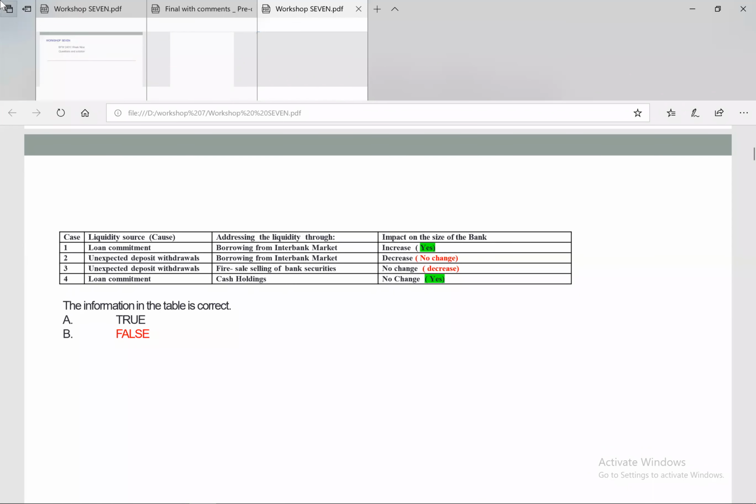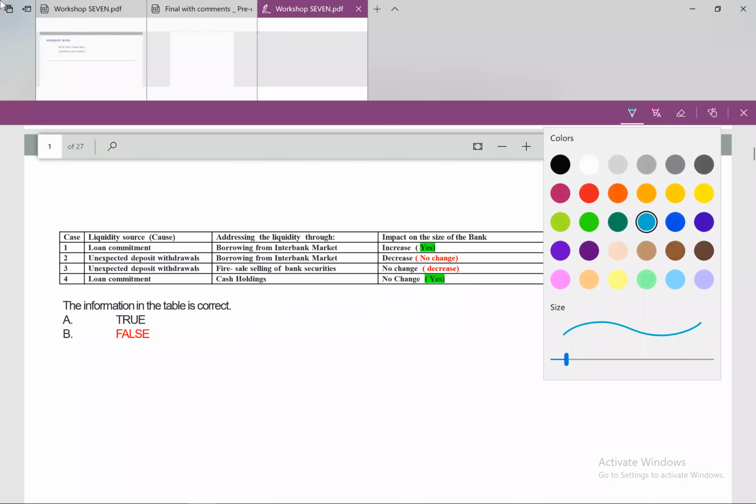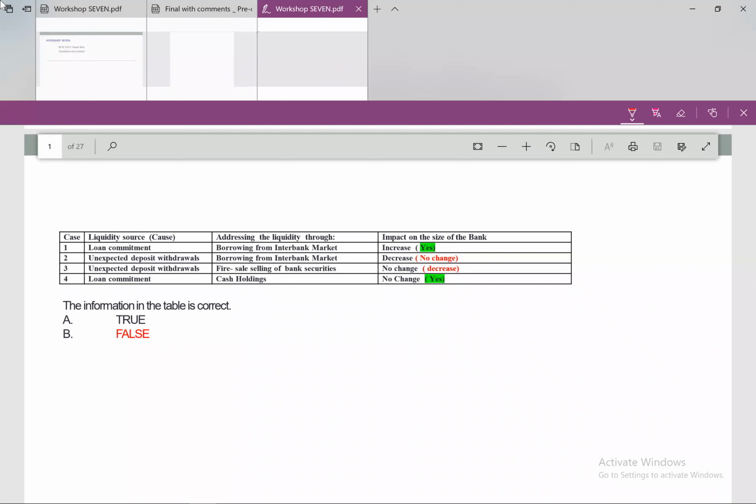So you have been provided with this table, and in this table, this is the note, and this is the liquidity source, whether it's asset or liabilities, and this is how you address it.